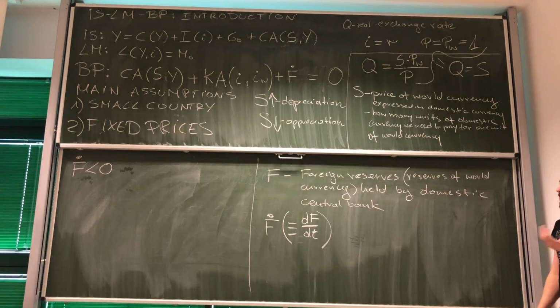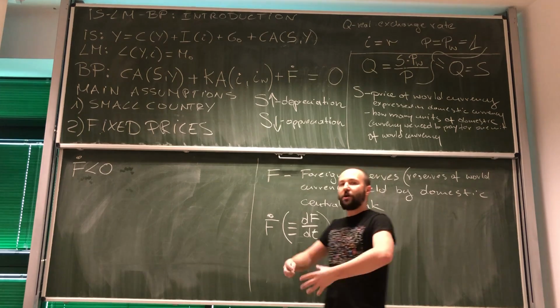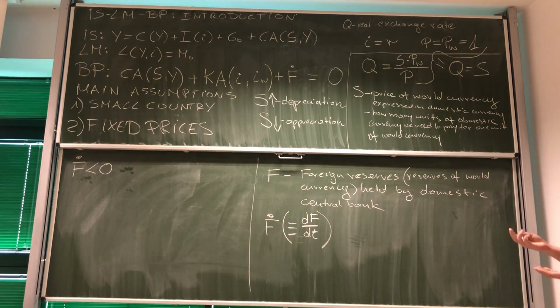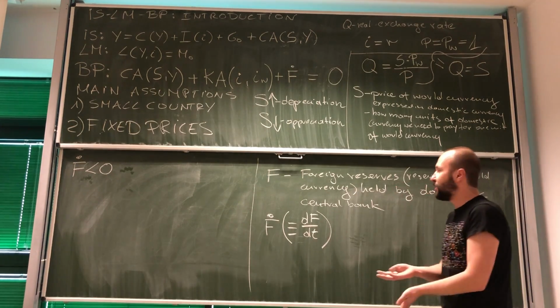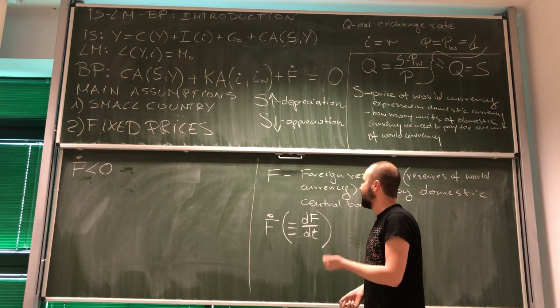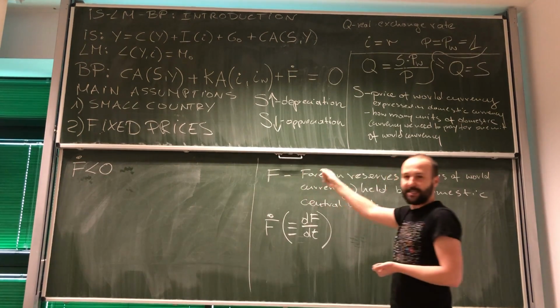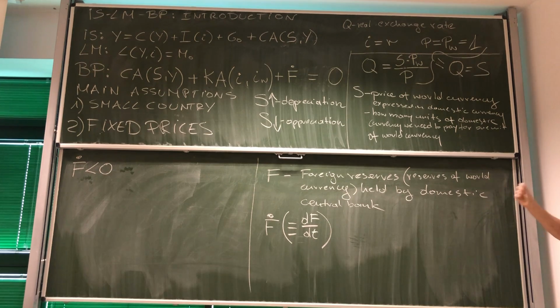So there is less of our domestic currency on the market. There is more foreign currency on the market, which means that the relative value of currencies is changing. Now, the value of our currency should go up, our currency should appreciate. But look, this also means that we have less and less foreign reserves, so it cannot be done indefinitely.